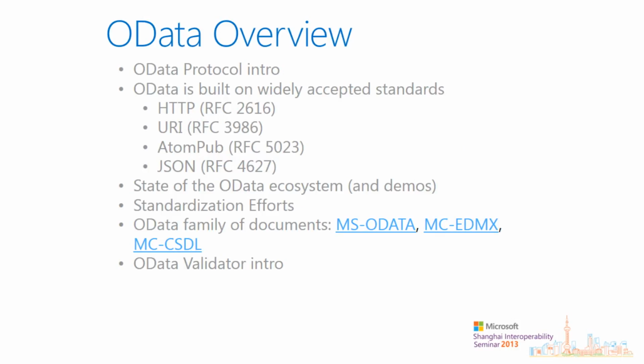The two main areas that we'll be covering later this week will be OData. During the OData overview that my colleague Mark Stafford will be giving, we'll cover the OData protocol. OData is basically an application layer protocol that is used for data exchange, and it is implemented using RESTful principles.